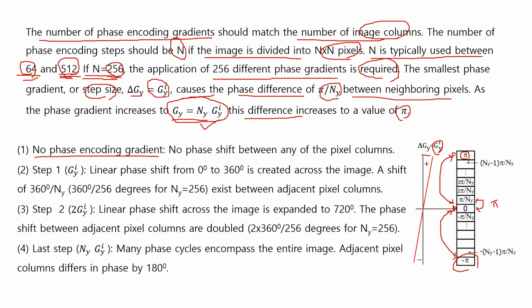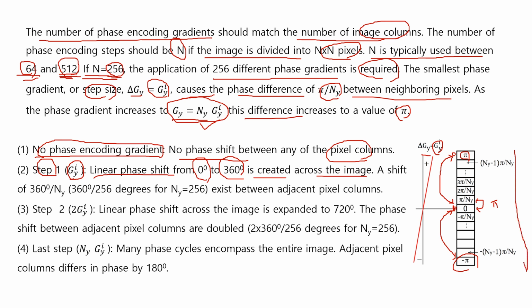With no phase encoding gradient, there is no phase shift between any of the pixel columns. At the first step, the smallest gradient, a linear phase shift from 0 to 360 degrees is created across the image. So from here to here, we have a 360 degree phase difference.